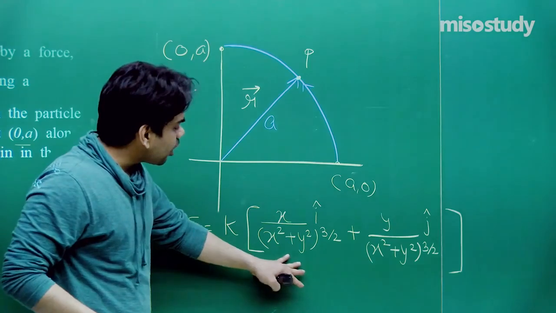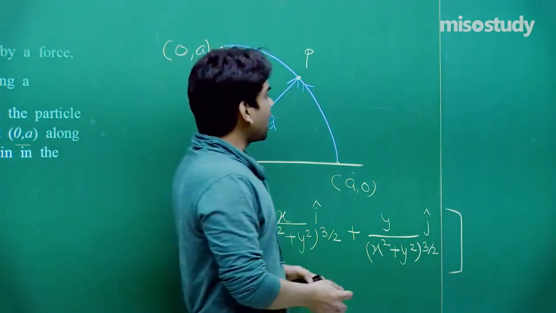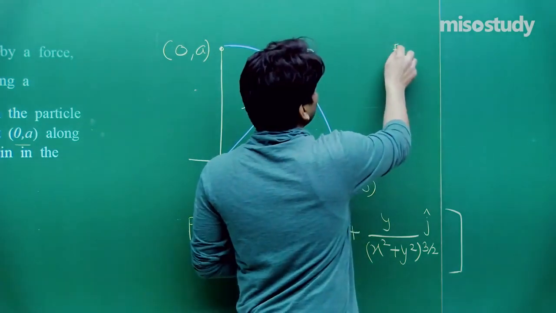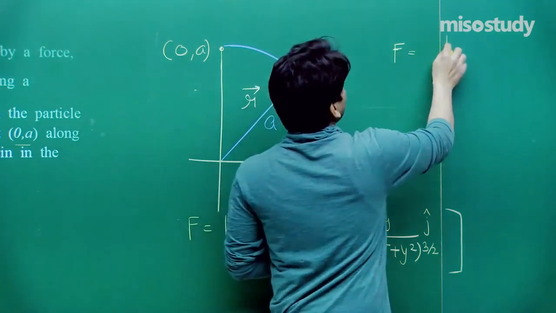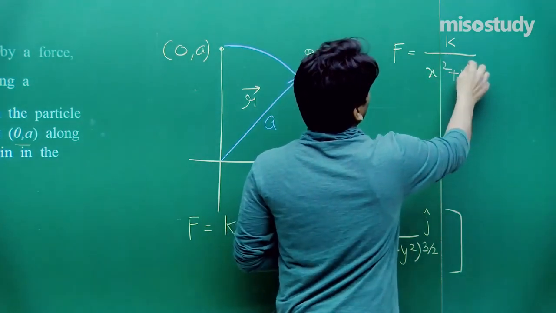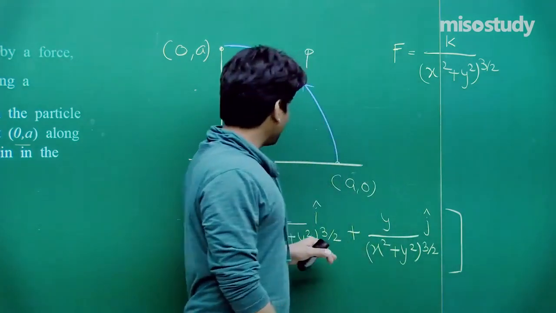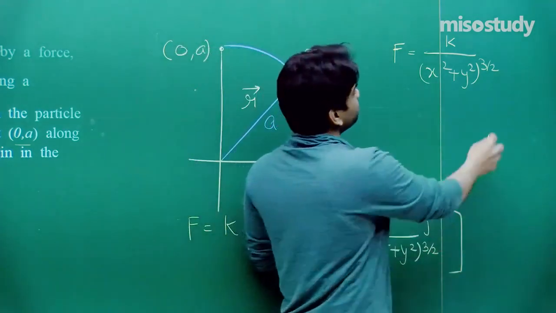If I take out (x square plus y square) power 3 by 2 as common, I'll have F equal to k divided by (x square plus y square) power 3 by 2, and here I'll have x i cap plus y j cap.